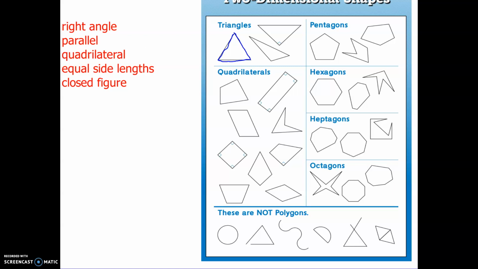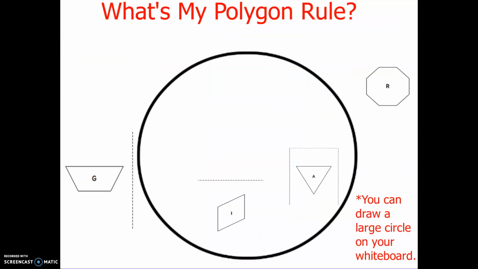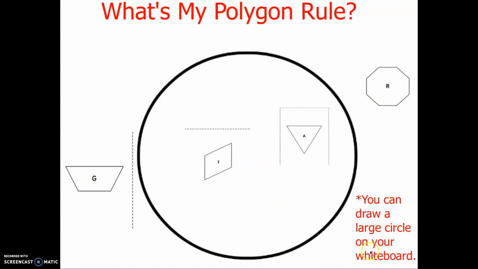So we're going to go back to my game here that's called What's My Polygon Rule? I already have 2 shapes in my circle. Now down here, you can draw a large circle on your whiteboard and you can follow along with me. So in your circle, you can go ahead and put in shape I and shape A. Okay?